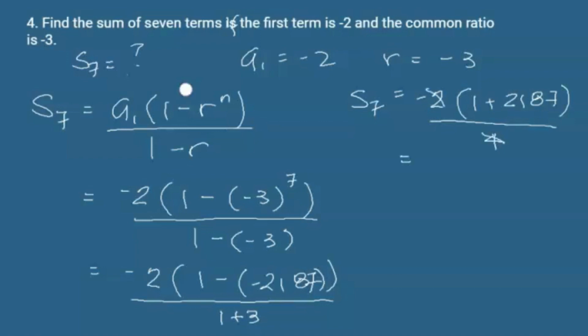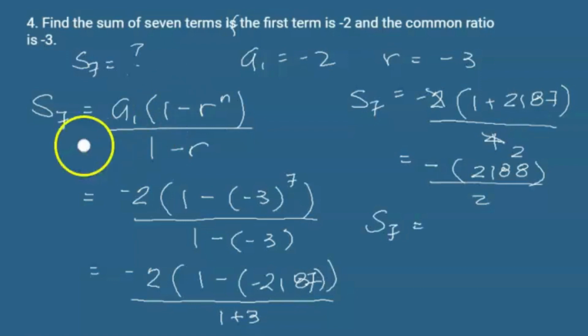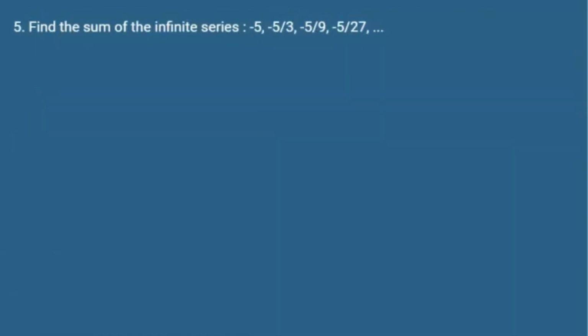Let's cancel this. This will be 2. So we have negative 1 plus 2,187 is 2,188 over 2. So the sum of the first 7 terms is negative 1,094.